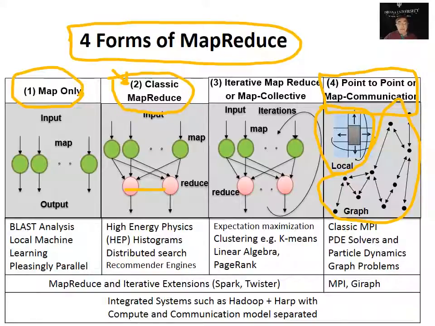So here we have the types of software: MapReduce and iterative extensions for these three, MPI and Giraph for this fourth type. We can try to integrate everything together, such as in the Hadoop plus Harp model, and we have examples here of the different types of work.